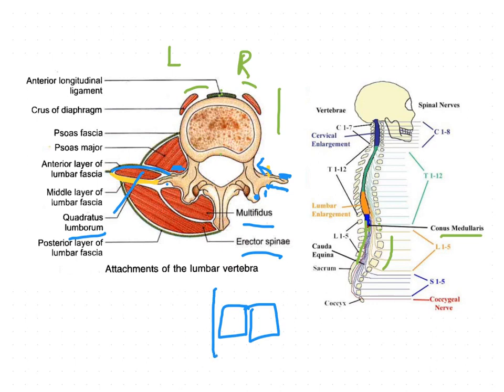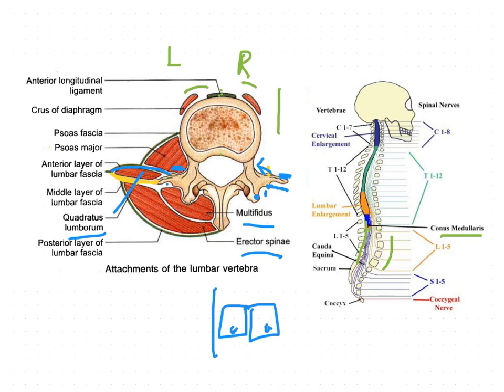The medial intertransverse muscles are attached to the accessory processes, whereas the lateral intertransverse muscles are attached to the upper and lower borders of the transverse processes.